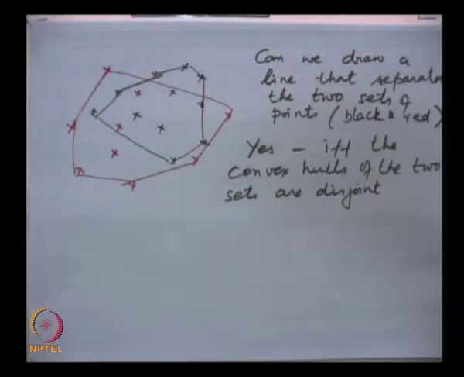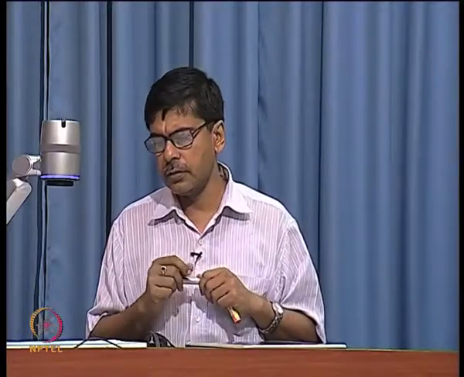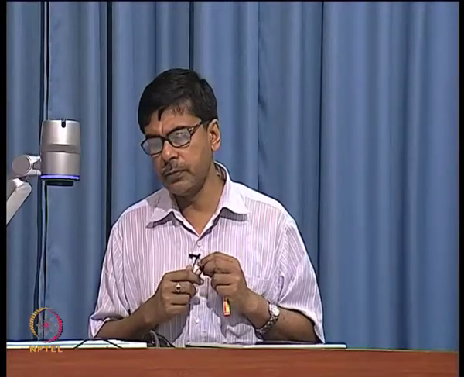And analogously, if the 2 convex hulls are disjoint, then you can have a linear separator. This is basically the linear separability of point sets, and it's a very important primitive for many things, including even learning.